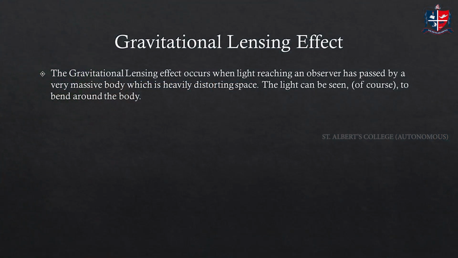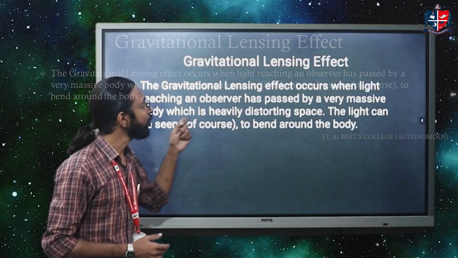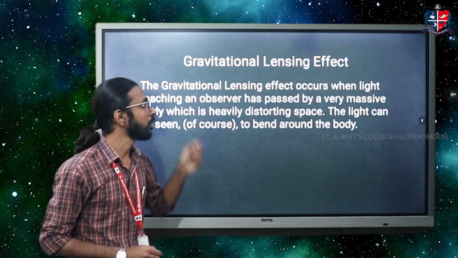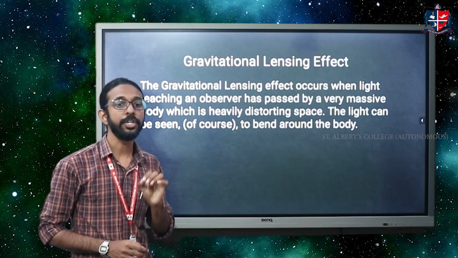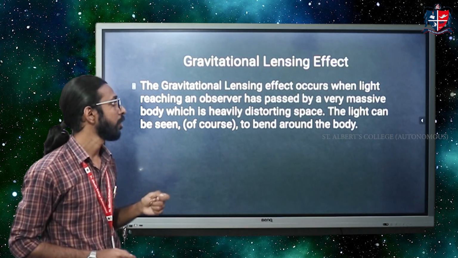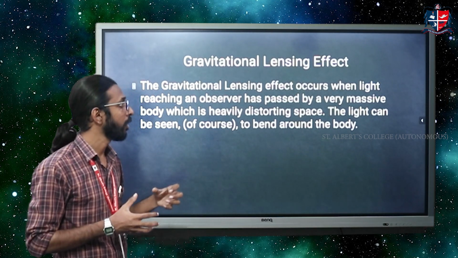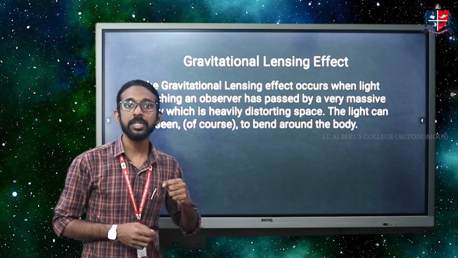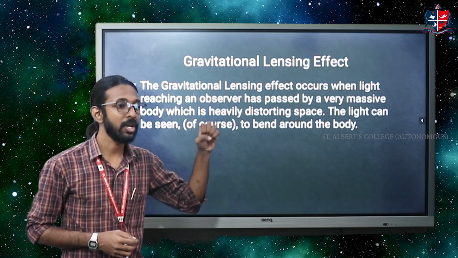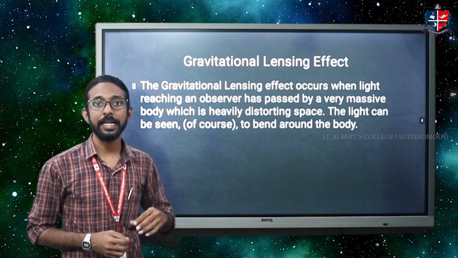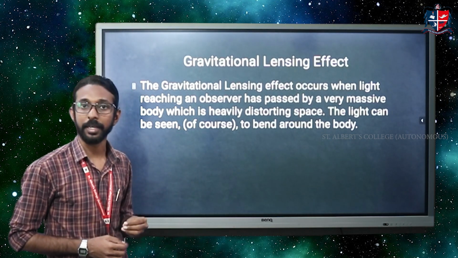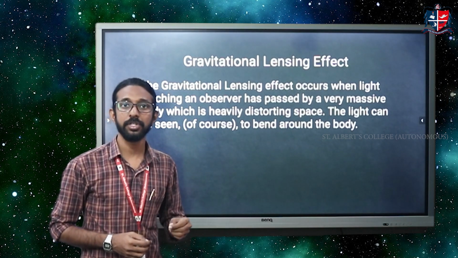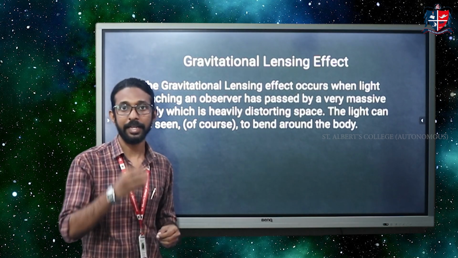So, let's see what gravitational lensing is. Gravitational lensing occurs when light reaching an observer has passed near a massive object which is heavily distorting space. The light can be seen to bend around the body. Imagine a star emitting light that is received by humans on Earth. While the light is traveling through space, imagine there is a black hole in the way.